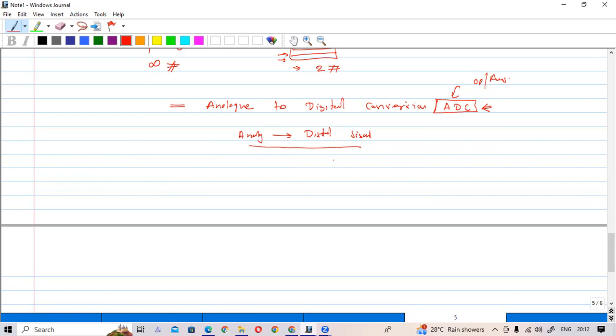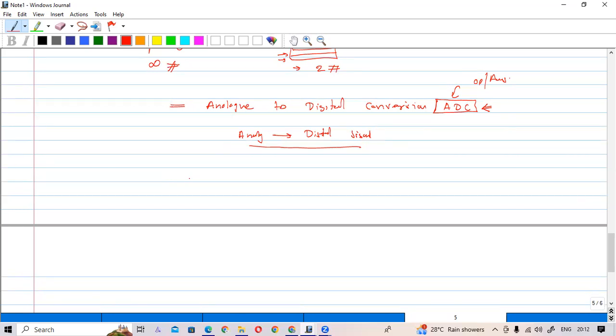That is analog to digital conversion. Analog to digital conversion is very important because you know that the real world is analog, but we like digital systems. We use digital systems, so we have to use the analog to digital converter to convert it.